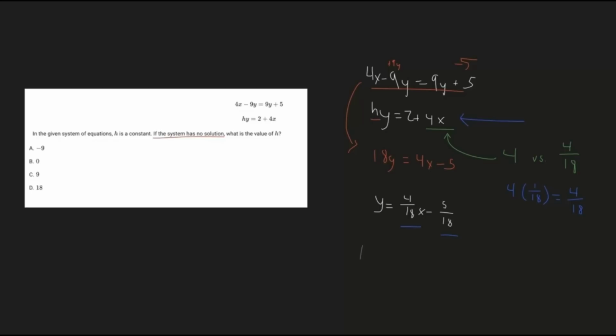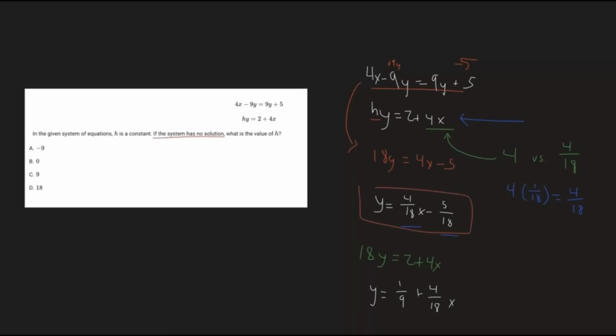So if h was 18, then we get 18y equals 2 plus 4x, right? And so now when we isolate for the y value, divide both sides by 18, we get y equals 2 over 18, which is 1/9, plus 4 over 18 x. And so now we have our two equations, right?